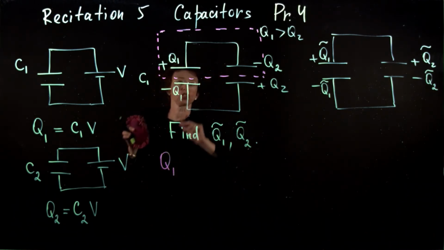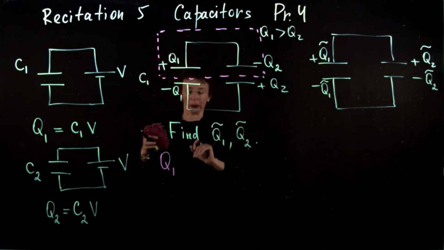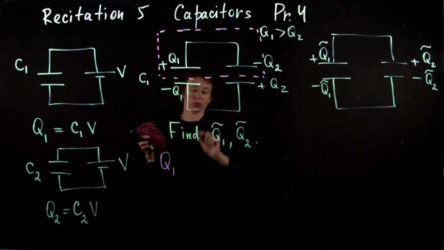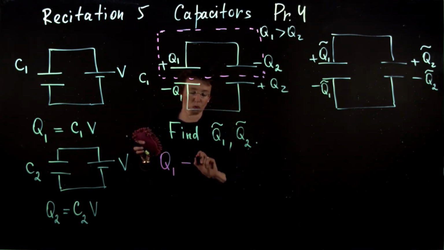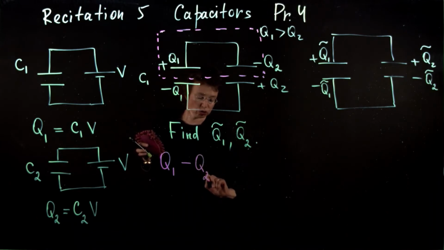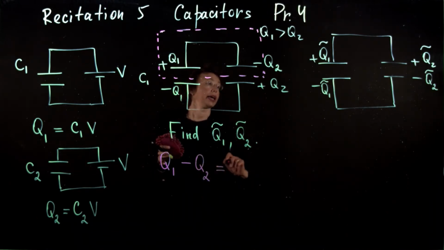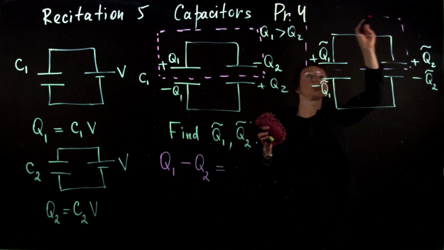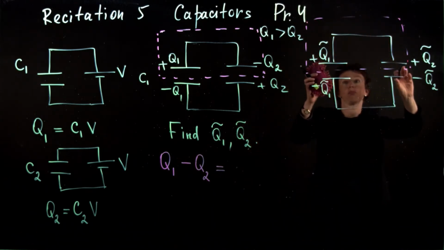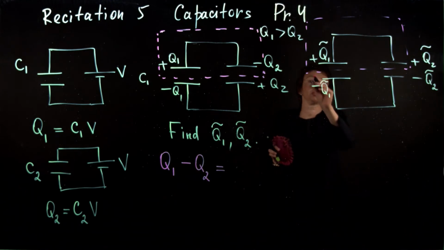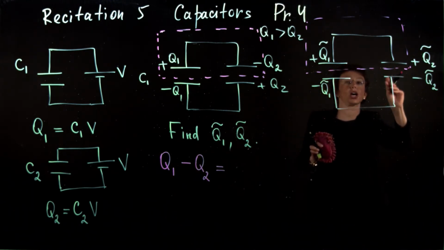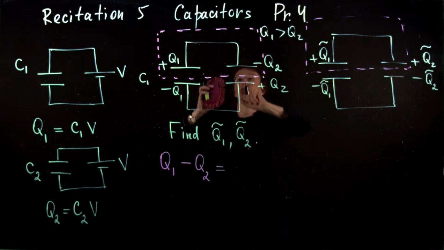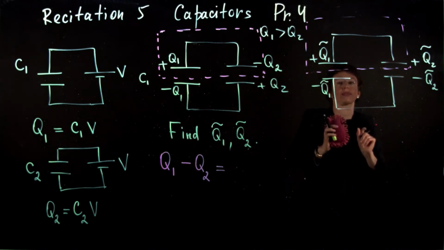This is the original charge on the upper plates of these capacitors, Q1 minus Q2, and it has to be equal to the charge that is in the box after the redistribution. This is conservation of charge. Whatever we had within the box, we have to have the same.